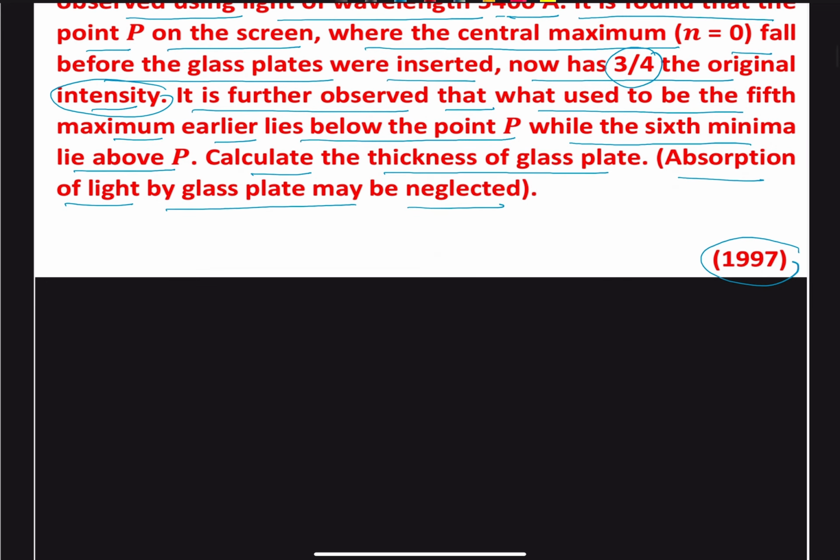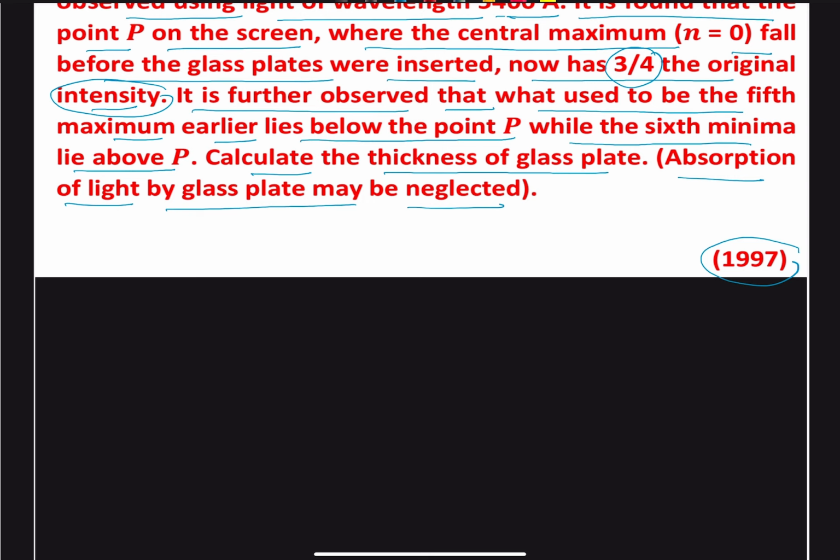So this entire discussion can be divided into two parts. In first part, both the slits are having same thickness, the refractive index is 1.4, and it means they will be traveling the same path, so there will be no path difference, and the central maxima will be at point P. Later on, one of the slits is replaced by higher refractive index, that is 1.7, and because of that the higher refractive index leads to path difference between the two beams.